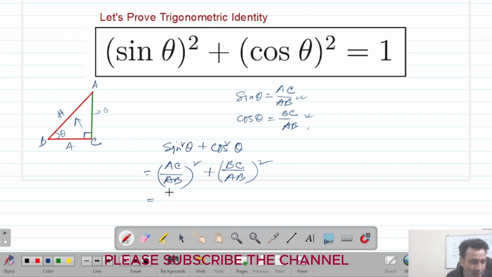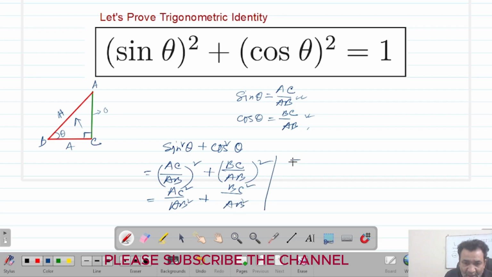So we can write it like AC square by AB square plus BC square by AB square.